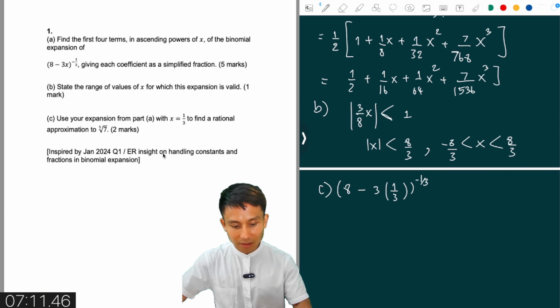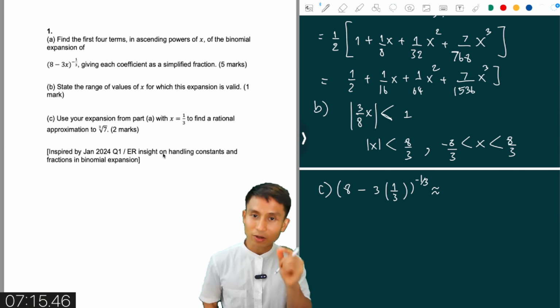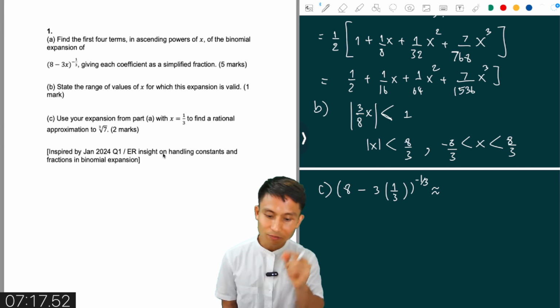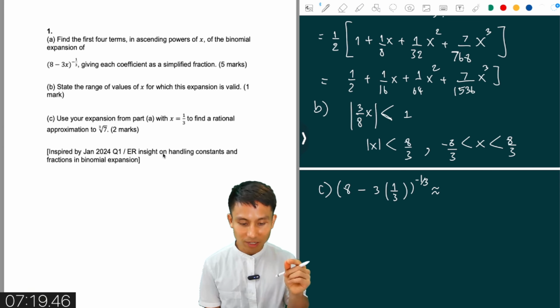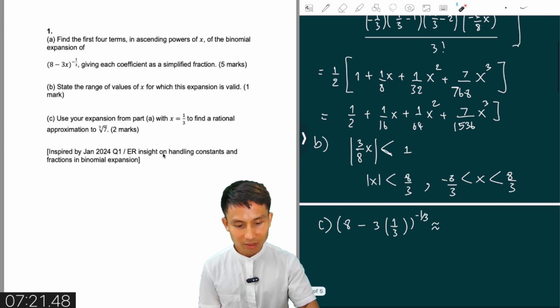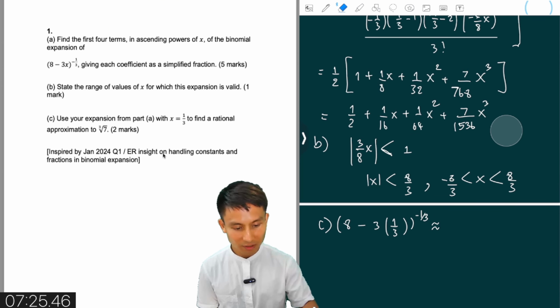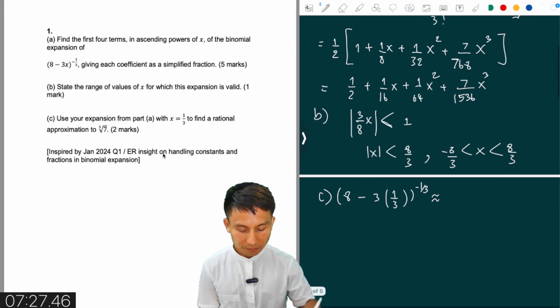But then, don't you remember this? When we did the binomial expansion, this is an approximation. This can be approximated to this whole expansion here.